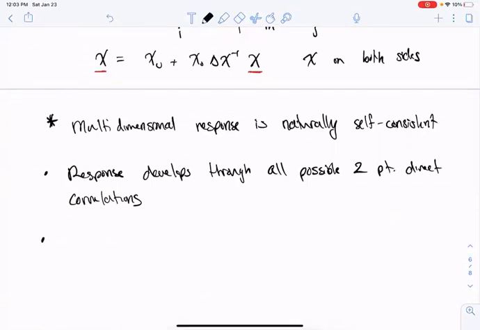So that also tells you what's missing. Direct interactions that are more than pairwise in their nature.